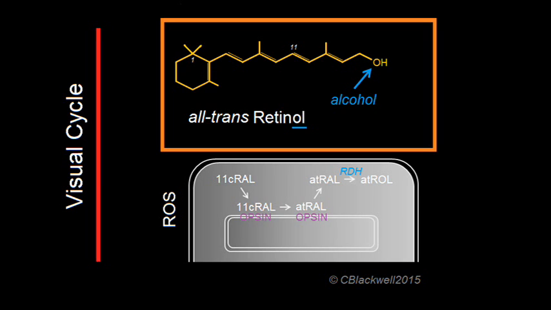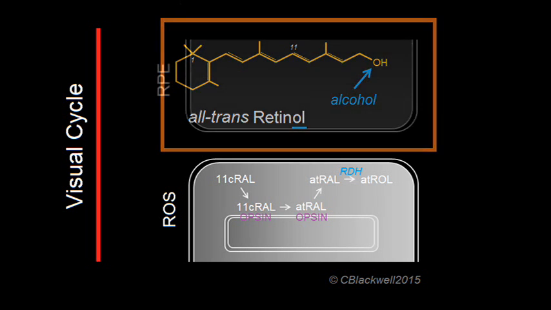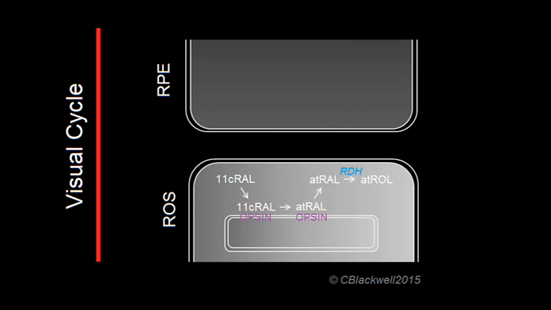It is quickly turned into all-trans retinol, the OH group making it an alcohol. The all-trans retinol has gone as far as it can within the photoreceptor cell. For the next steps, the retinal must cross the space between the photoreceptor and the RPE cell like crossing a moat. There is no drawbridge, but there is a binding protein to help it across.